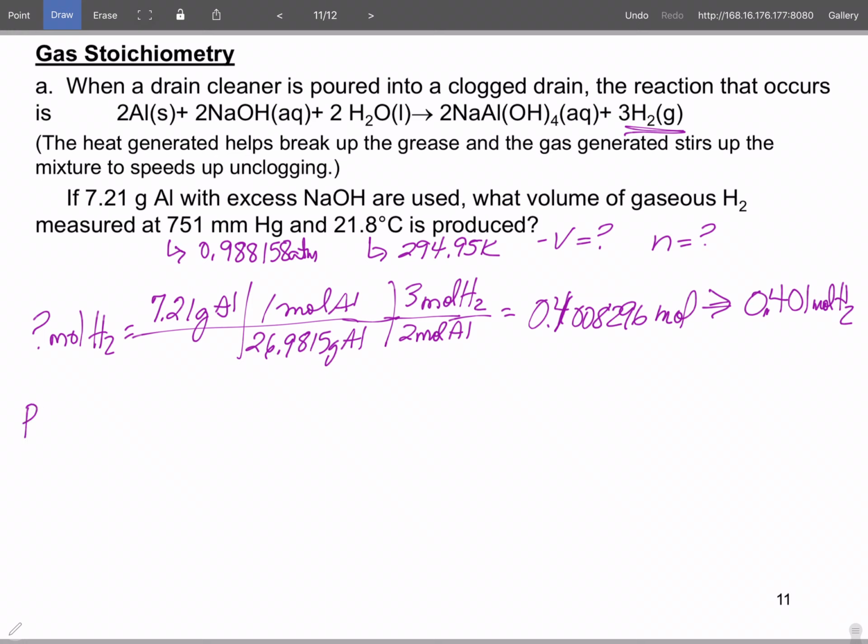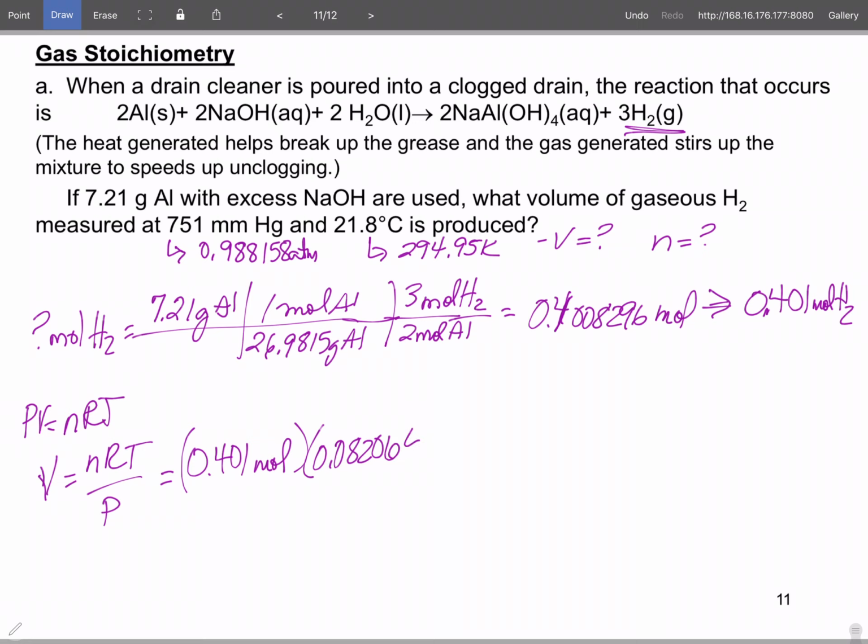Now, we've got PV equals nRT. We now are looking for volume, so volume is equal to nRT over pressure. We know the moles, which is 0.401 moles. We know our gas constant, 0.08206 liter atmospheres per mole K. Our temperature, we already calculated, 294.95.